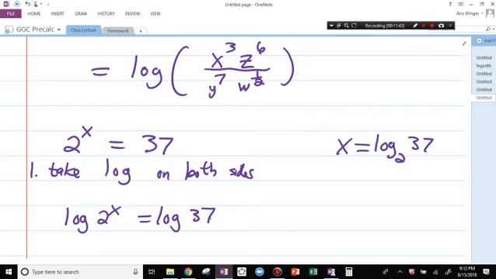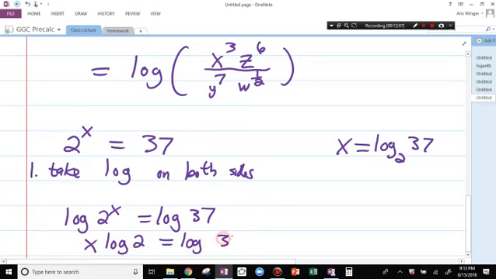You just divide both sides by 3. X at this point was stuck in that power, and now, not so shockingly, applying the inverse allows us to bring the x over and have it by itself. So by the power rule, I can put the x in front: x log of 2 equals the log of 37.